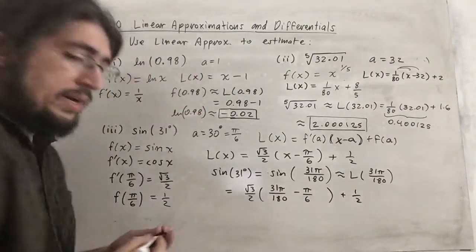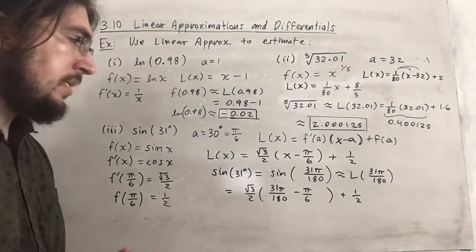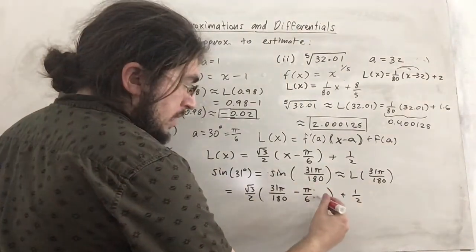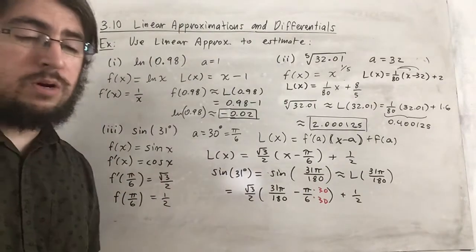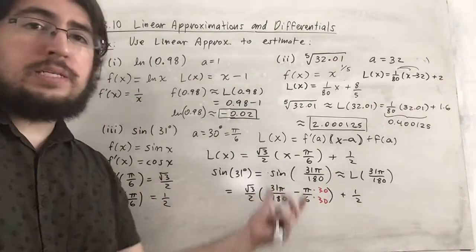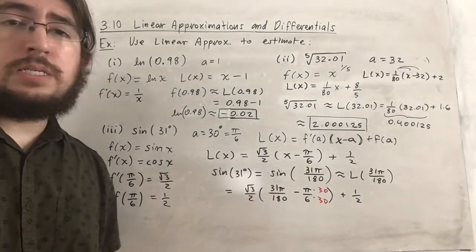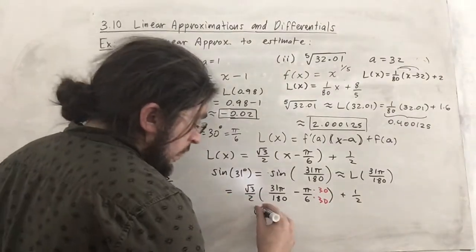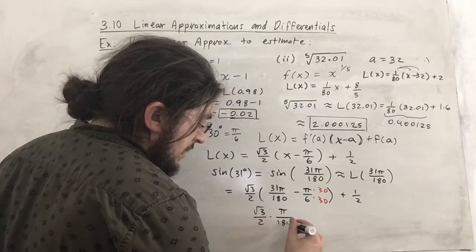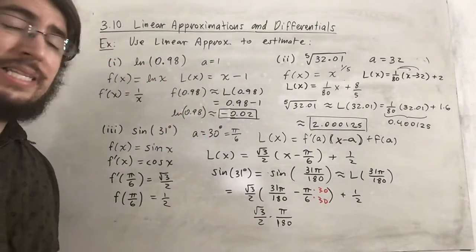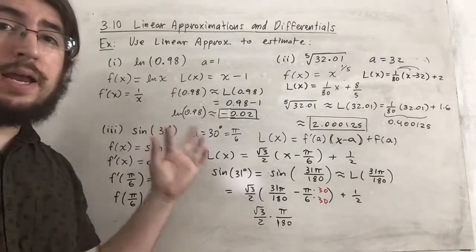And then plus 1/2 finally. So I left space because, of course, if we get a common denominator and multiply top and bottom by 30, we get exactly what I established previously. Well, what I said in words anyways. 31 pi minus 30 pi is 1 pi over the common denominator 180. So it's no coincidence that that part just amounts to pi over 180 because that just corresponds to 1 degree, which is indeed the difference between 30 and 31 degrees.